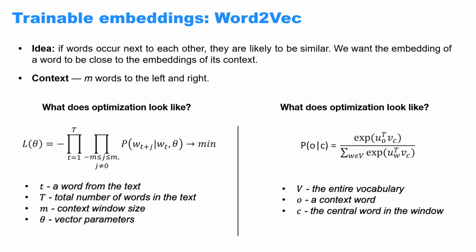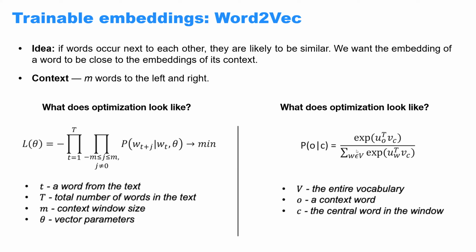If they appear together often, they should have closer semantics, because our probability function will make them similar.